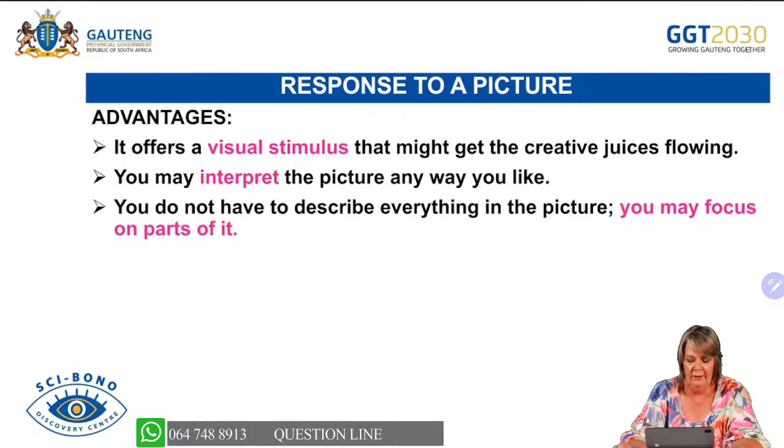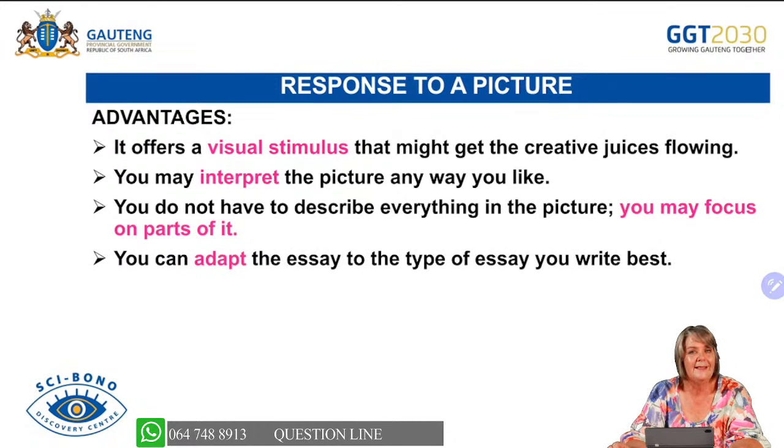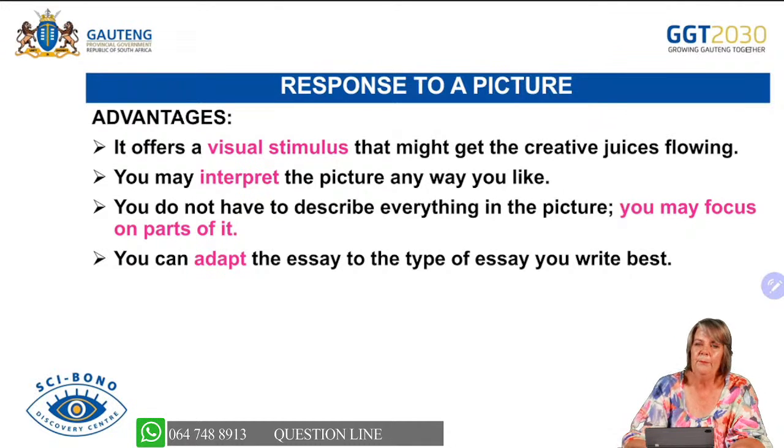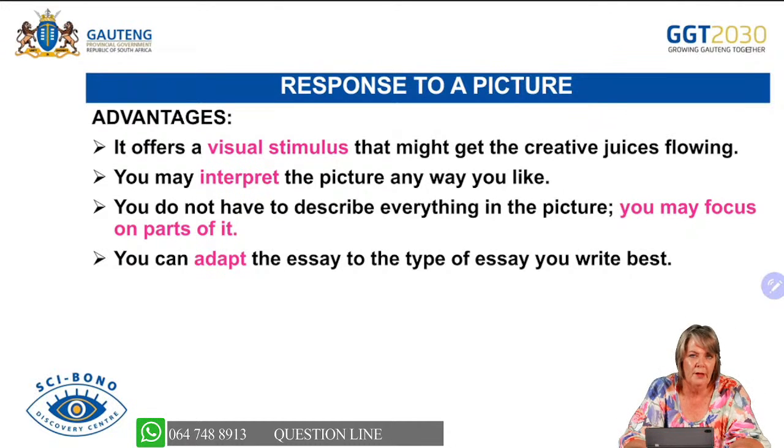That is also okay. You can adapt the essay, in other words, change it a little to the type of essay that you write best. Because remember, some people are good at telling stories. Some are very good at giving facts. Some are very good at describing things in detail because they are intuitive. But in this case, you can write any type of essay.